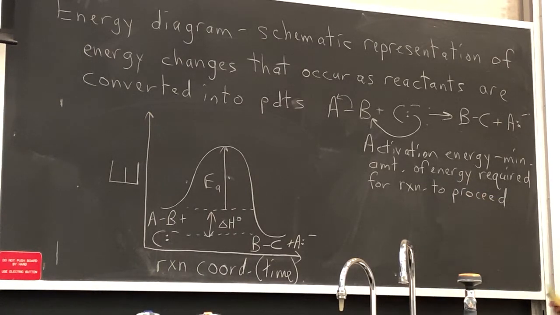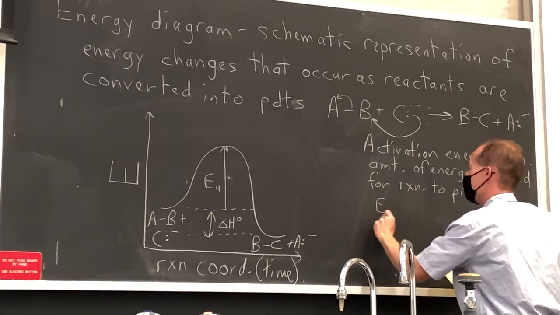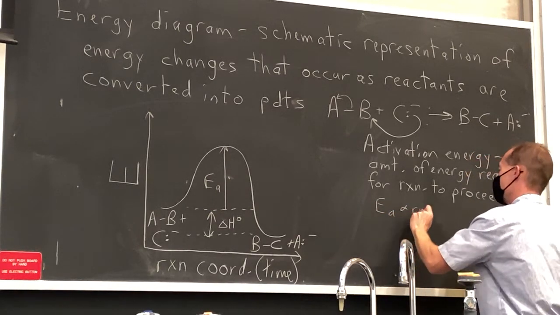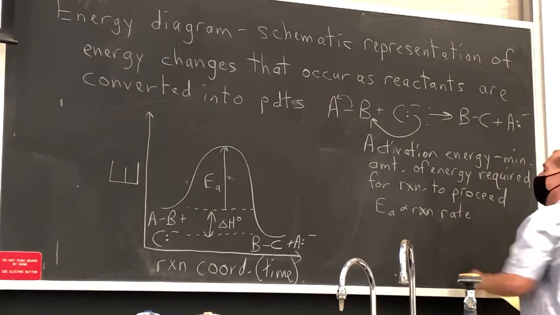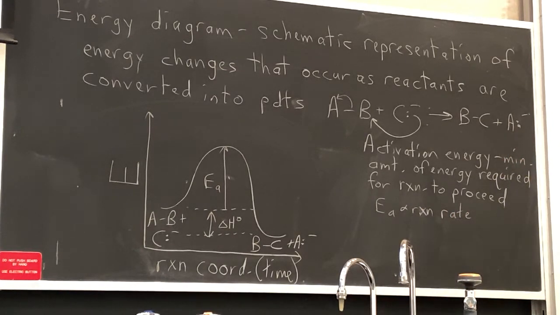And the energy of activation is related to the reaction rate. Okay, if we have a high energy of activation, we will have a slow reaction rate. So it's inversely proportional, right? The lower the activation energy, the faster the reaction rate. Okay?